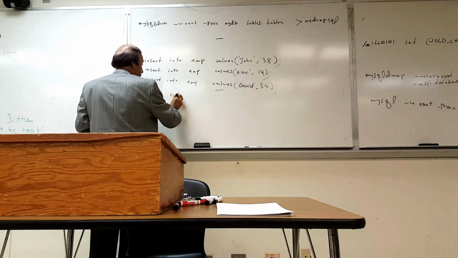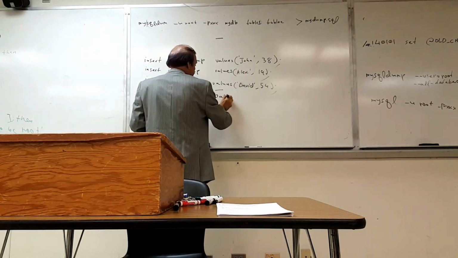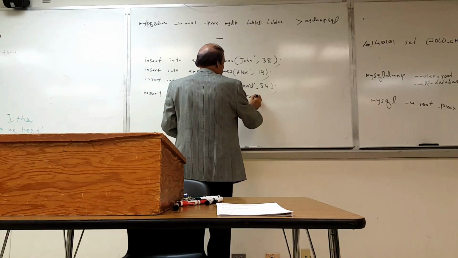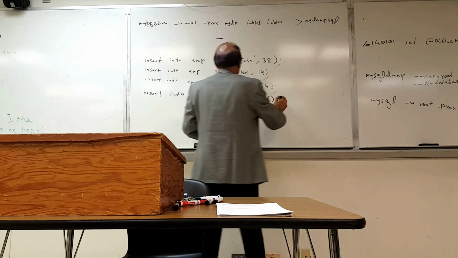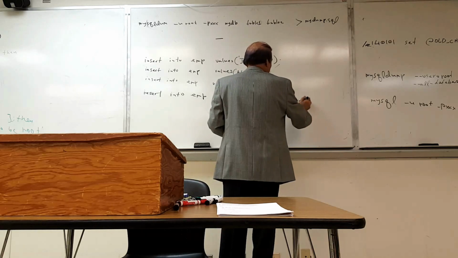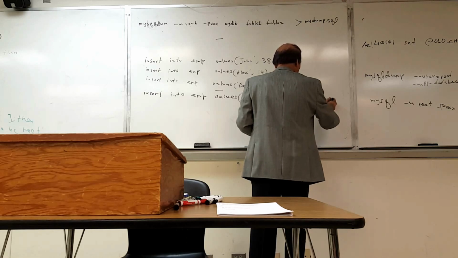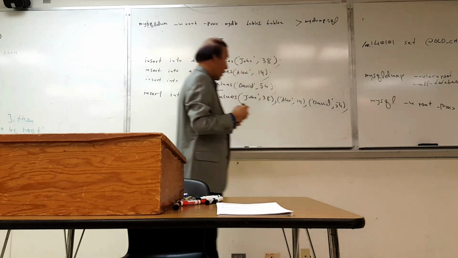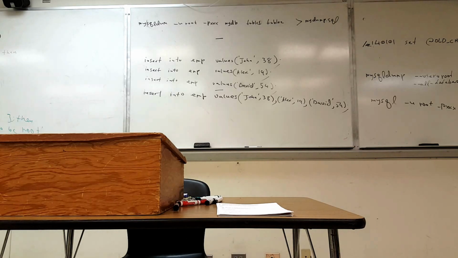Insert into EMP values John, 38, comma, Alex, 19, comma, David, 54. It means in one line, you're doing as many inserts as you want.